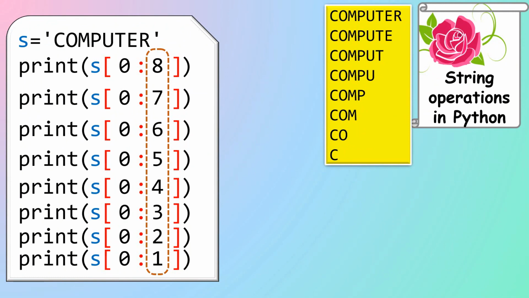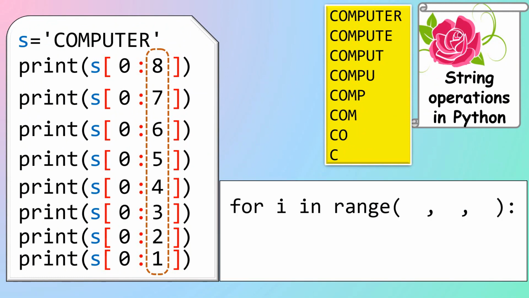So here I am going to take the for loop with the range function, for I in range, and place the print statement within this for loop. So first let me fill the parameters of the range function. Recall that the range function has 3 parameters: start, stop and step.